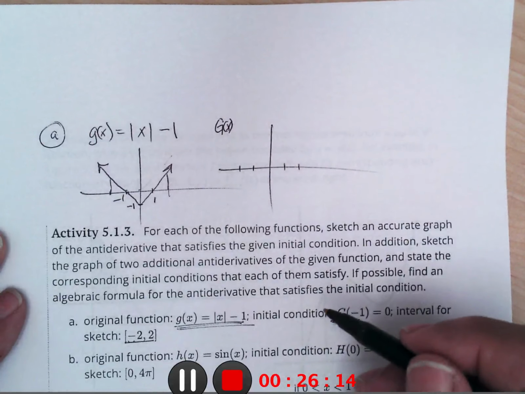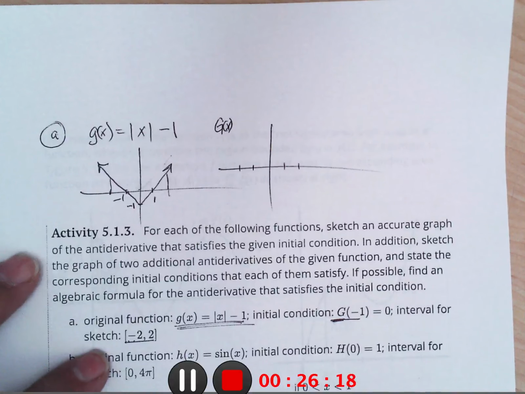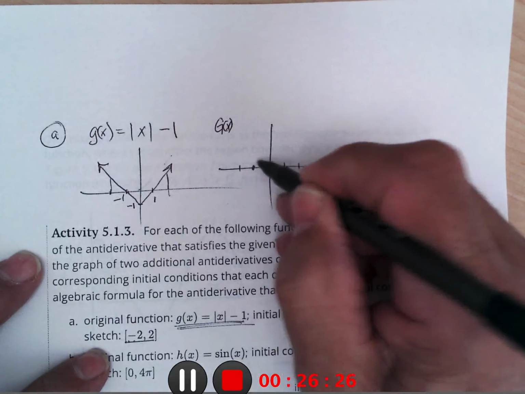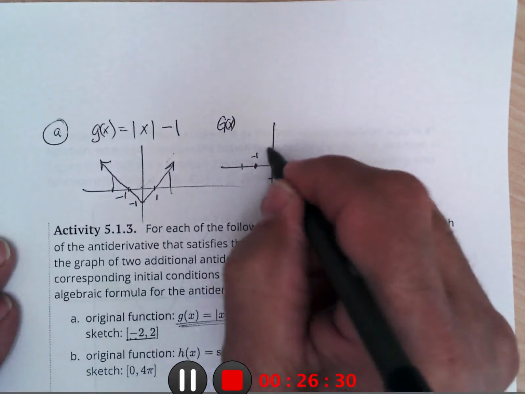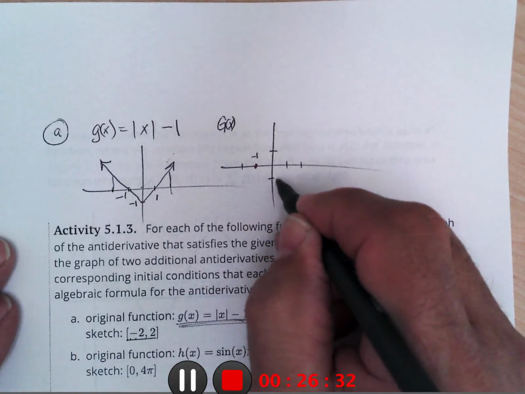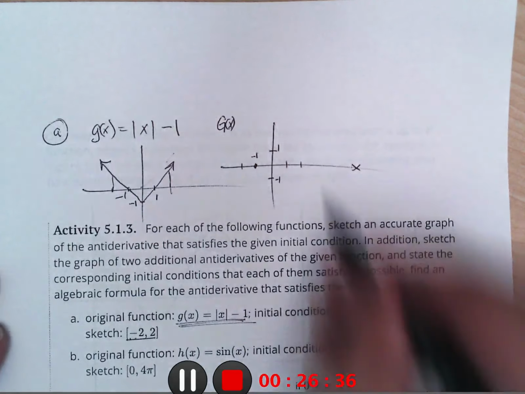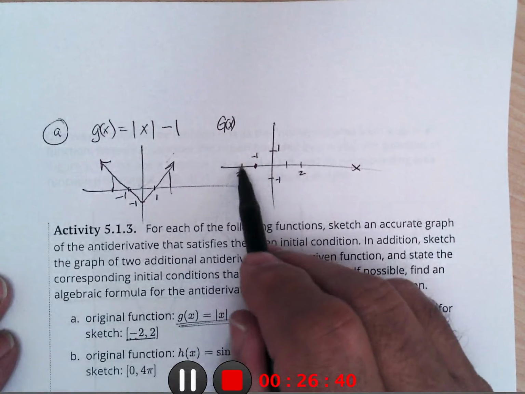Well, we could start any place, unless they give us an initial condition. When they do, they say at minus 1, we have to be at 0. Okay, and we're supposed to go from minus 2 to 2.